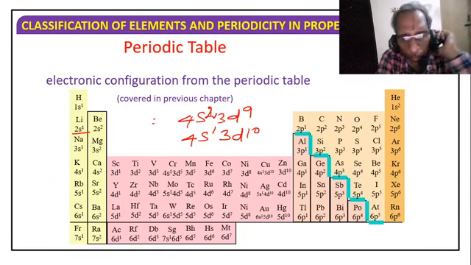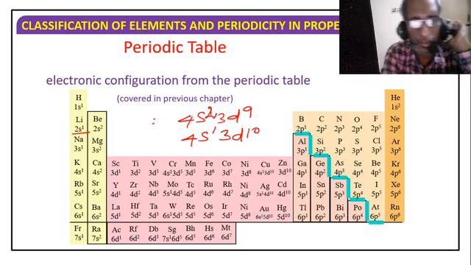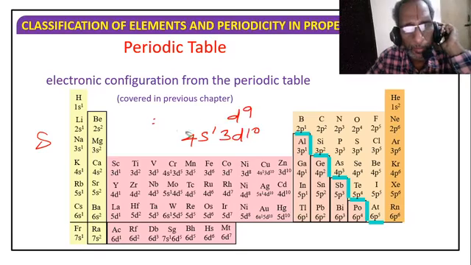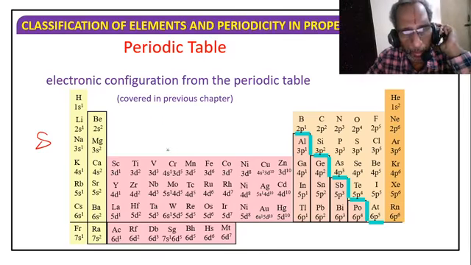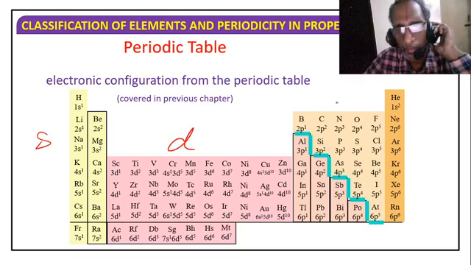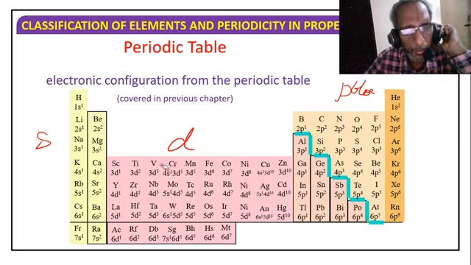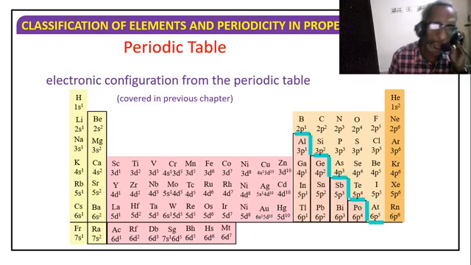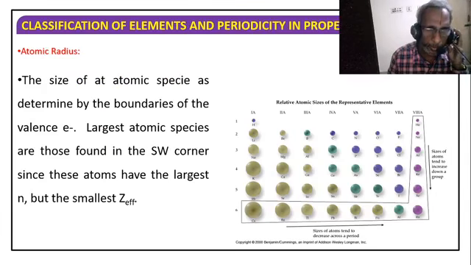In this arrangement we write D block elements, then P block elements, p1, p2, p3, p4, p5, p6. The yellow colored region is S block elements, the pink colored region is D block elements, and this one is P block elements. Bottommost is F block elements. It is not mentioned here because we will study F block elements only in the 12th portion.